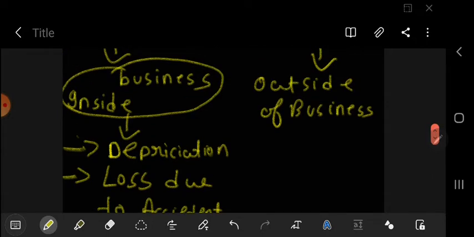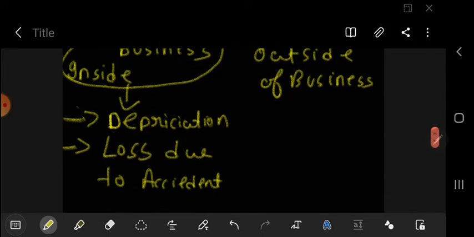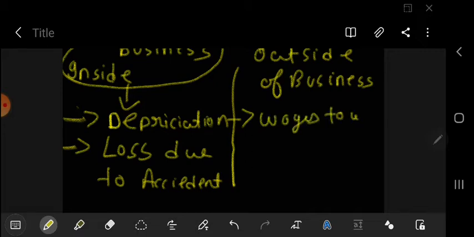Okay, and outside of the business, okay, means external transactions, there are transactions like wages to workers. Okay, interest received, we can more classify it, interest received from bank.